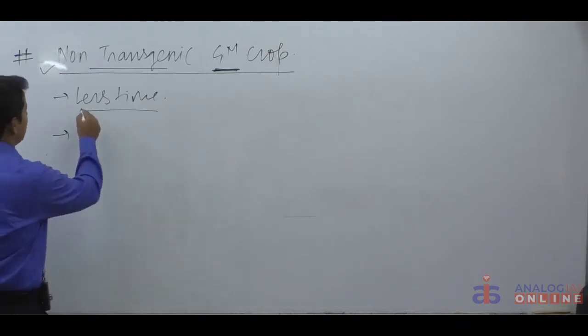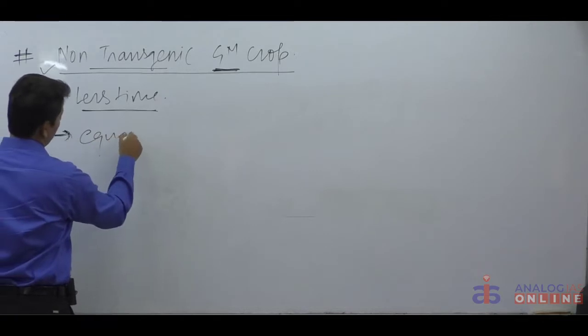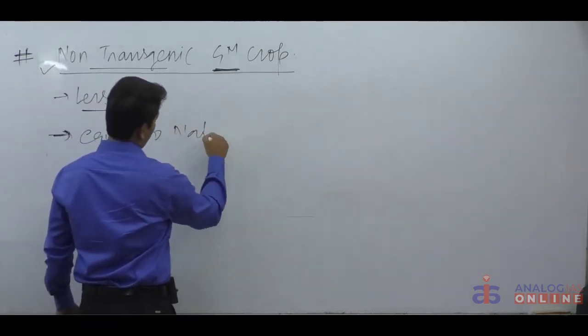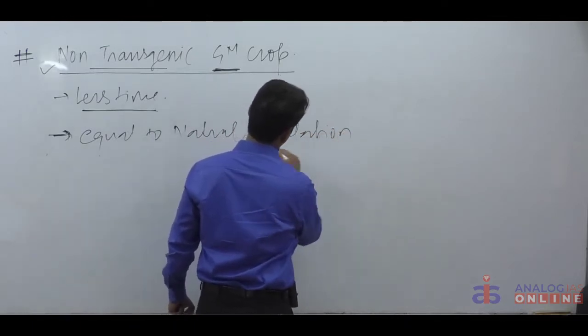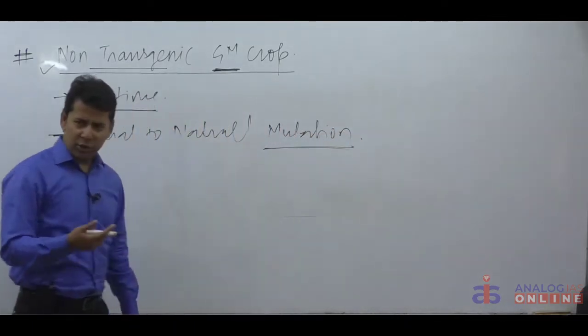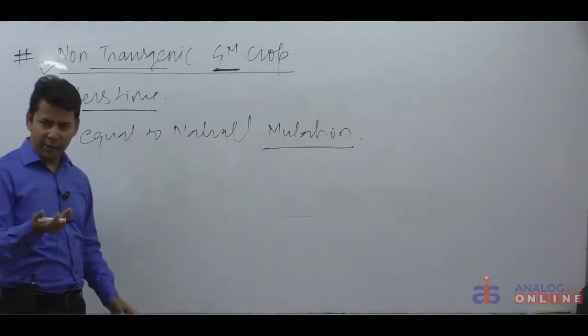So less time consumption. Second, it is equal to natural mutation. In mutation also such things happen, like some mutations just delete some gene. So it is just a natural mutation kind of thing. It's just that in laboratory conditions we have fastened it. We have basically promoted it. So it is a laboratory promoted mutation kind of thing.